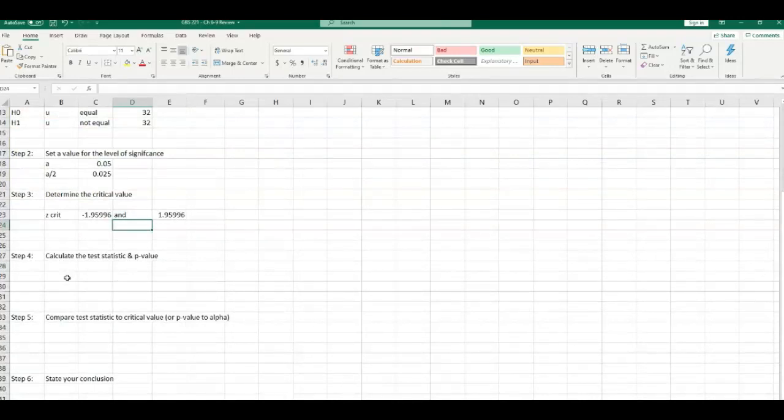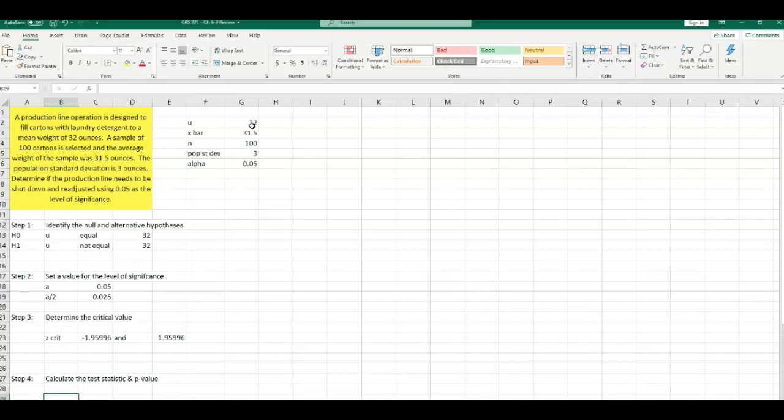So our test statistic is a z-score. And this z-score is going to be using the information that we were given up in the top of our problem. Right? We're told our mean, our x-bar, our n, and our population standard deviation. We're going to need all of those to find this test statistic.